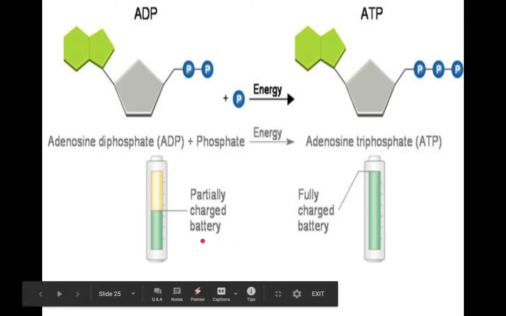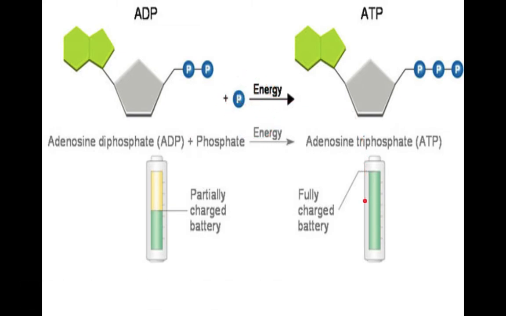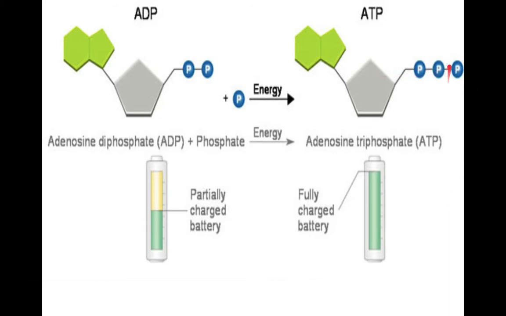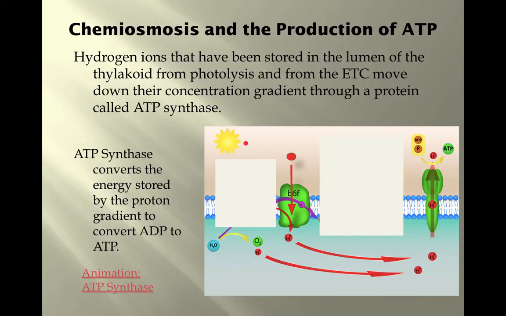Adenosine diphosphate has some energy, but when the last phosphate is added, it's like a fully charged battery. It has tons of energy. My biology teacher told me to visualize the bonds between the phosphates as little springs. When the phosphates are loaded in, it's like a loaded spring ready to release its energy. That's all you need to know there.